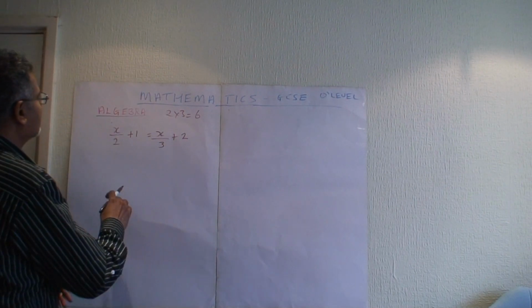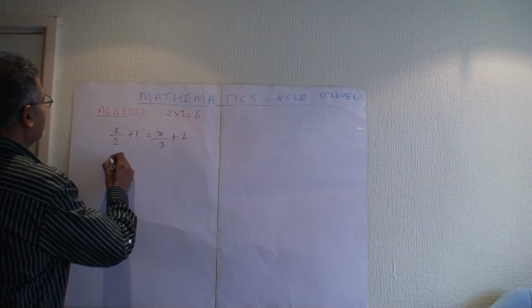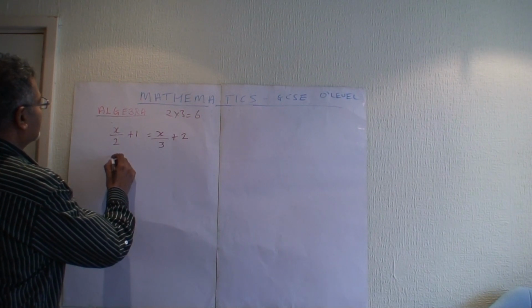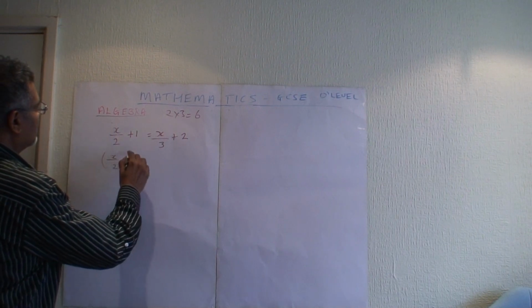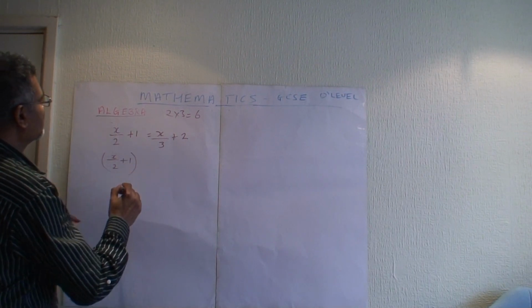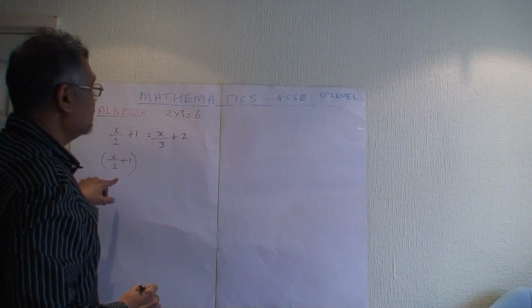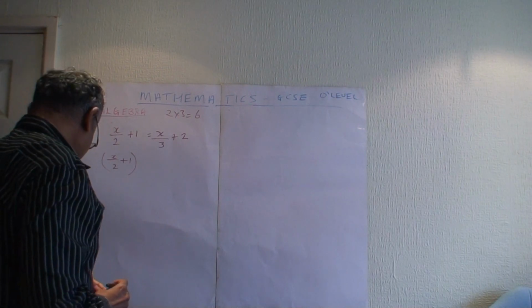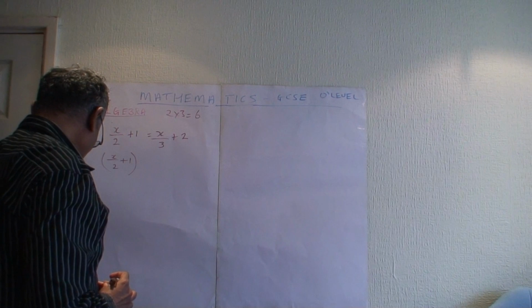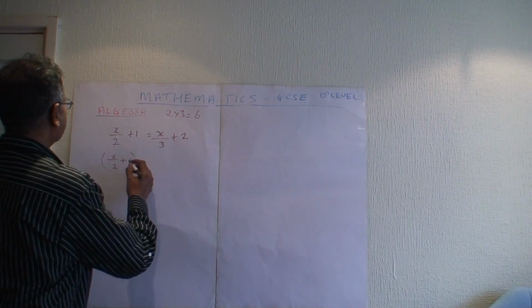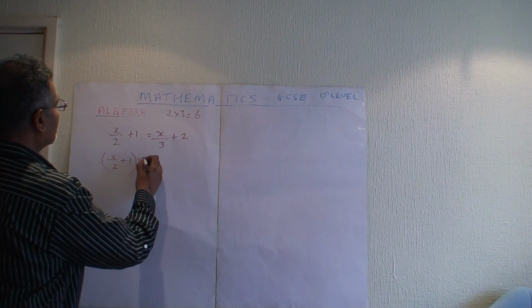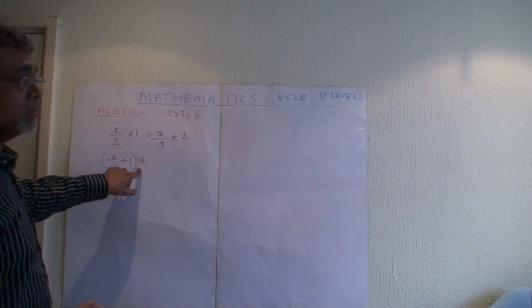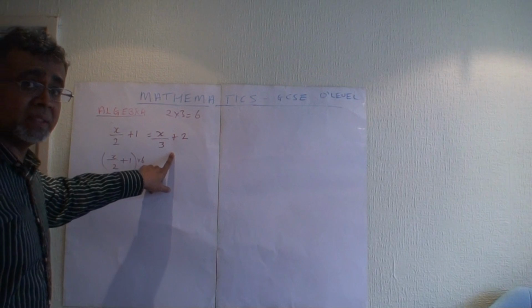So how do we do it? We say x divided by 2 plus 1. We want to multiply both sides by 6, and you also want to multiply this side by 6.